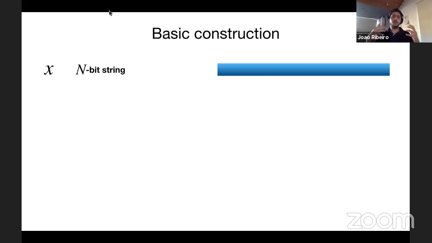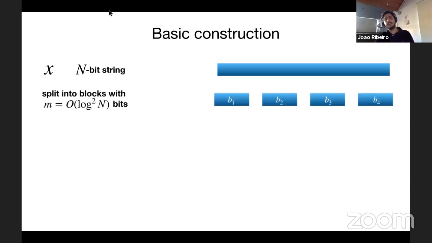So how does this basic construction work? Well, say you want to encode some n-bit string x. First of all, you split this string into blocks of size polylog, where here I say log squared, but it can be say log^(1+epsilon) for any epsilon.